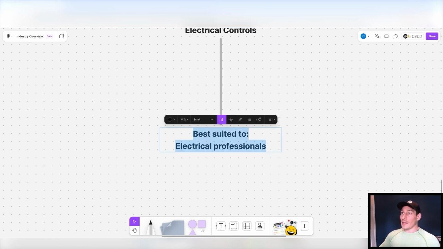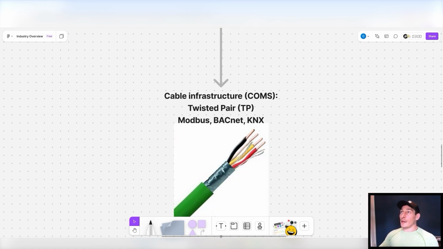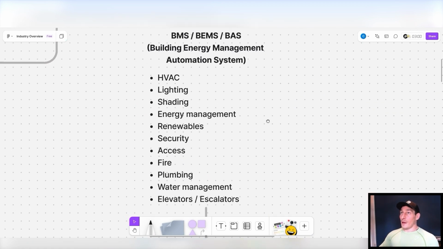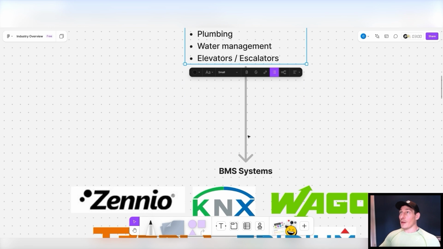A lot of these principles are extremely useful and are the same when it comes to doing BMS work, and working with HVAC, lighting, shading, energy management, security, access, heating, plumbing stuff, more the controls around this rather than the actual plumbing itself.